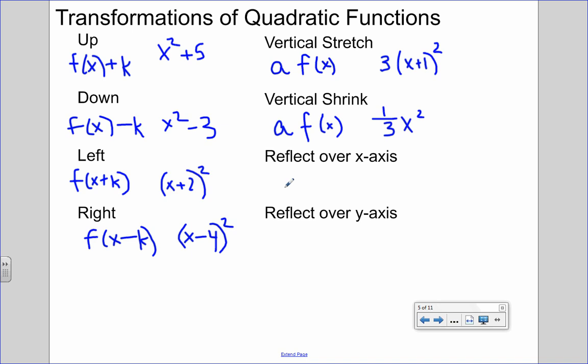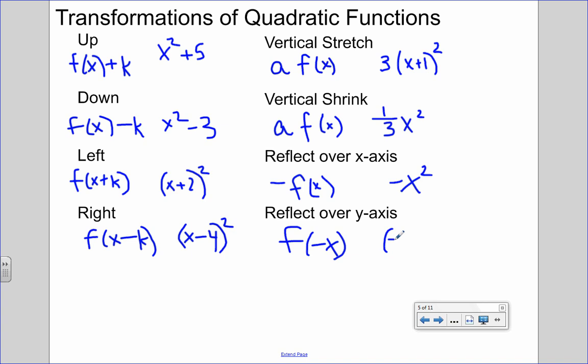Reflect over the x-axis. That's the negative outside the function. So just real general, it looks like this: negative x squared. Reflect over the y-axis. Sometimes it's hard to see with the quadratic because quadratics are a lot of times centered around the origin. So when you reflect it over the y-axis, it looks exactly the same as when you started.